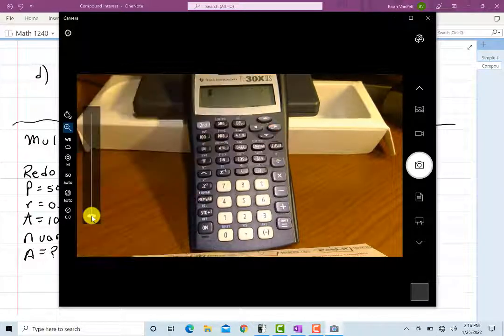Let me clear everything from here. We're going to redo that example. So the first part was finding out how much money we had when we compounded only one time per year. It looked like this. We had $5,000, so let me go ahead and put those numbers in.